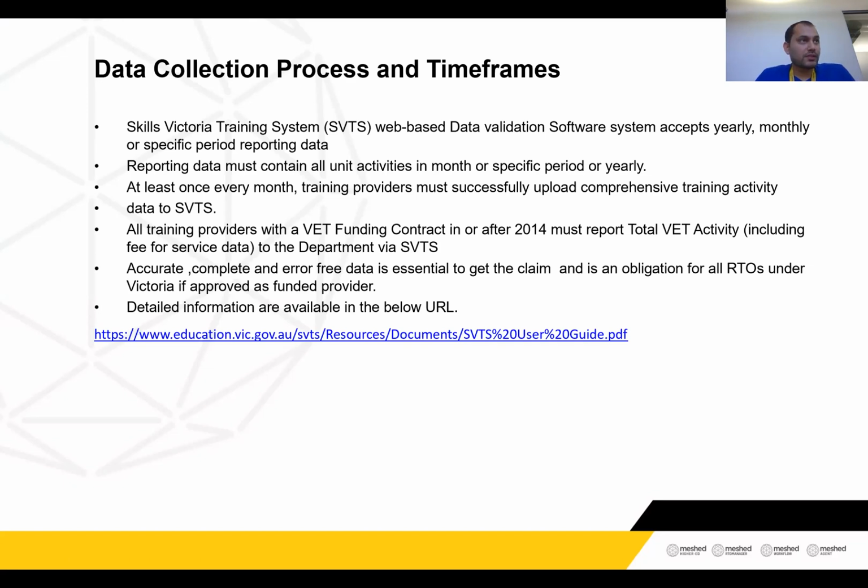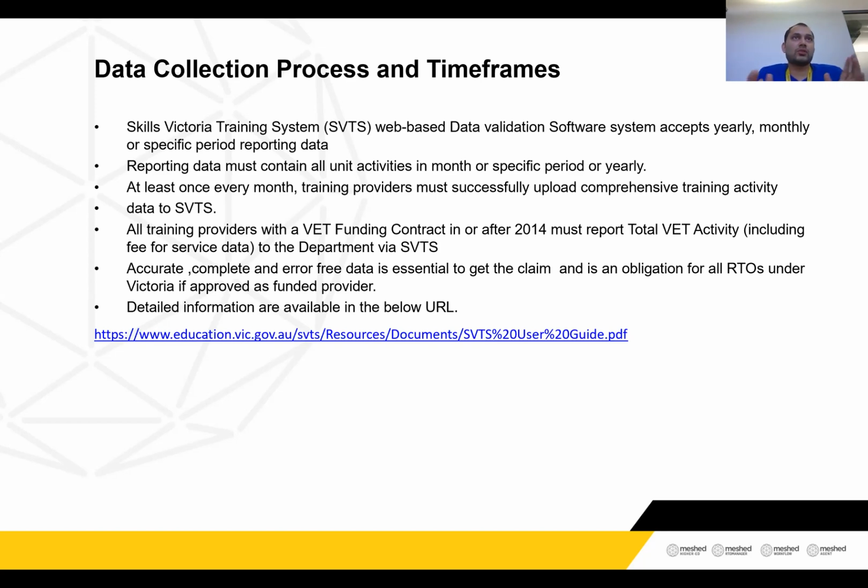Now, the process of collection and time frames. For the data you collect for the state of Victoria, you are going to submit it to the Skills Victoria Training System, which is SVTS. It's a web-based data validation software which accepts yearly, monthly, or specific period reporting data as long as it is in the format of the state of Victoria. The reporting data contains all the unit activities.